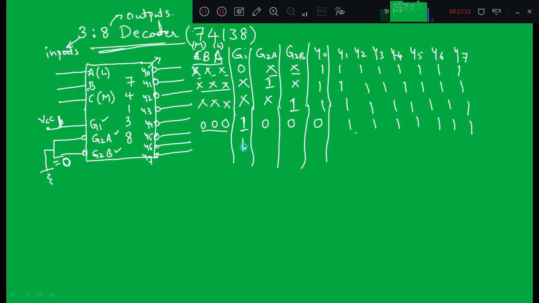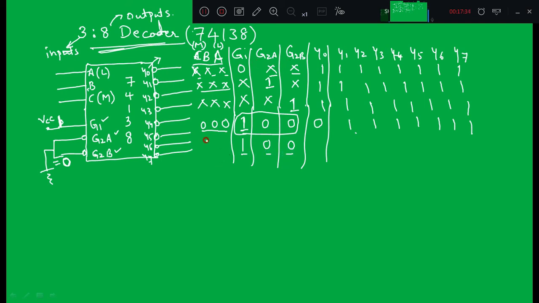Similarly, I need to keep these enable pins as 1 0 0, because if I change any of the enable pins, the particular decoder will be disabled, right? So I need to keep the enable pins equal to 1 0 0 in the same order.